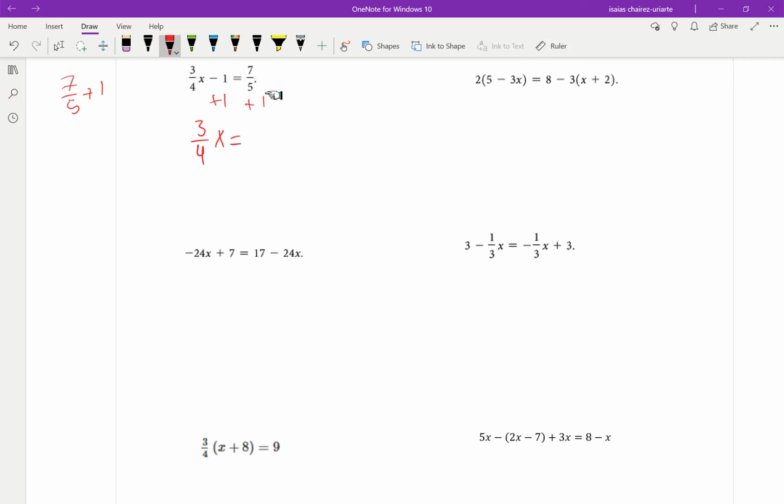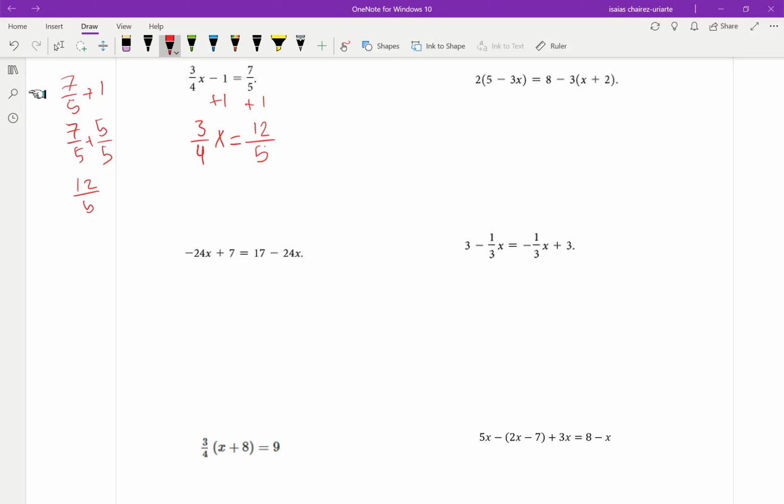So I'm going to do 7/5 plus, now 1 needs to become a fraction whose denominator is 5. Well, that's easy to do. 1 is malleable. It's 5/5. Now that they have the same common denominator, I can add them. 7 plus 5 is 12, so 12/5.